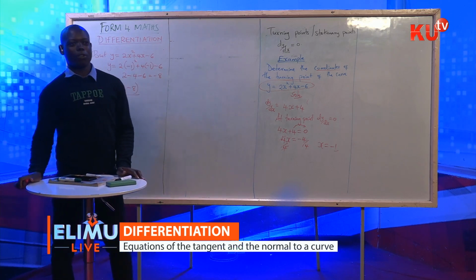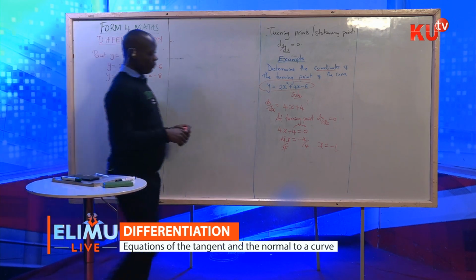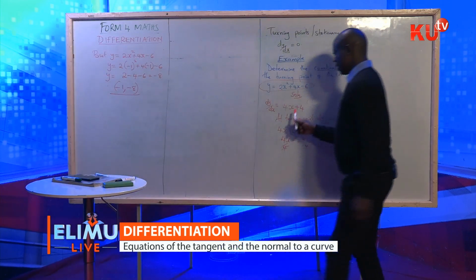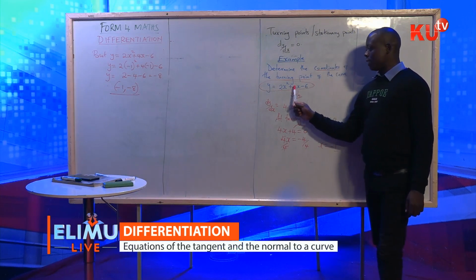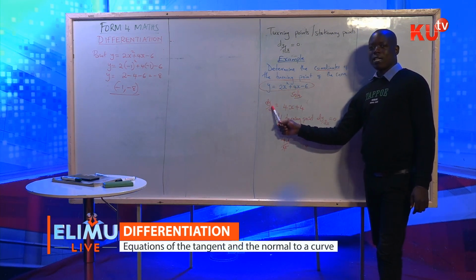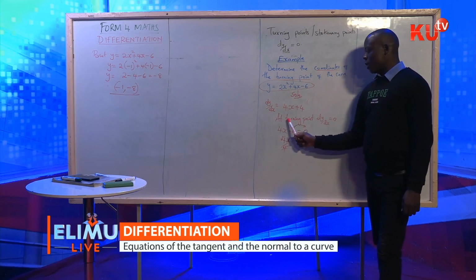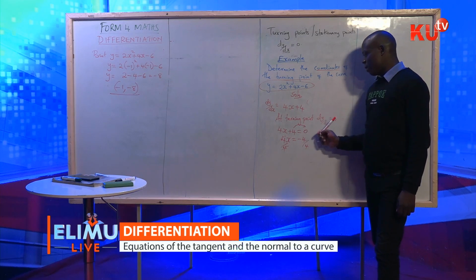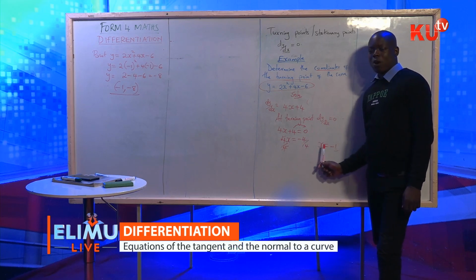The first question. Students, we are saying one thing before we move on, that the turning points are obtained by first differentiating the function, what we call the dy dx. Then once we have the dy dx, we equate the dy dx to 0 and find the value of x.